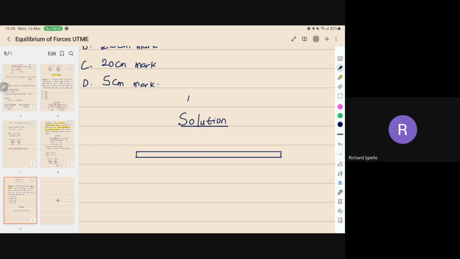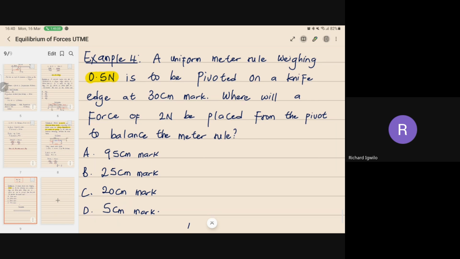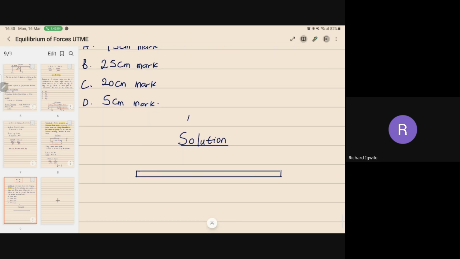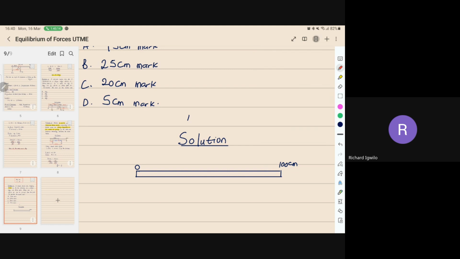So now, you have the weights, a meter rule, and the fulcrum is to be placed on the 30 mark. So here is 0, and here is 100. It is being placed, the fulcrum is at the 30 centimeter mark.